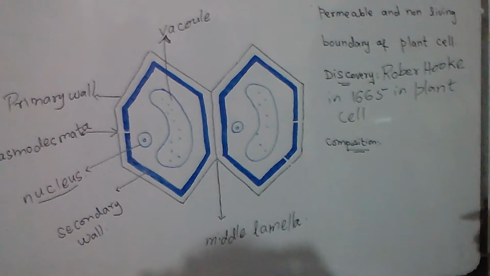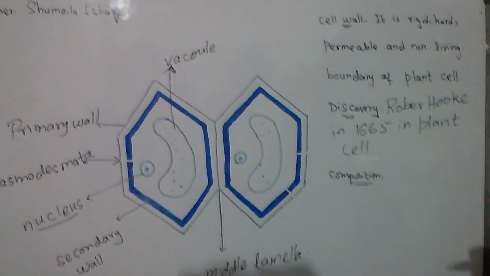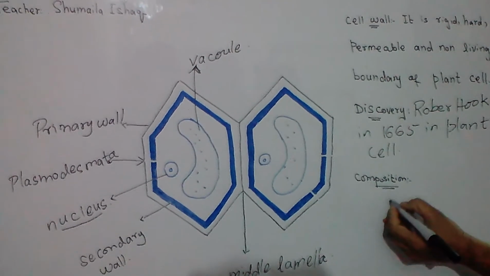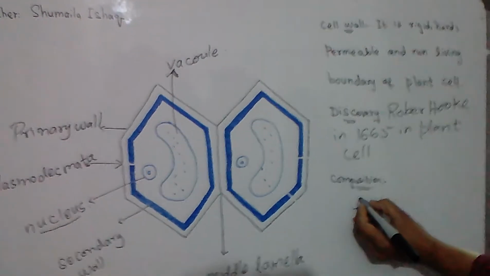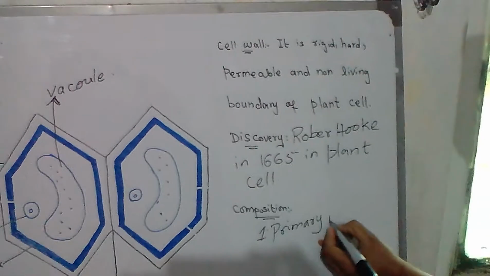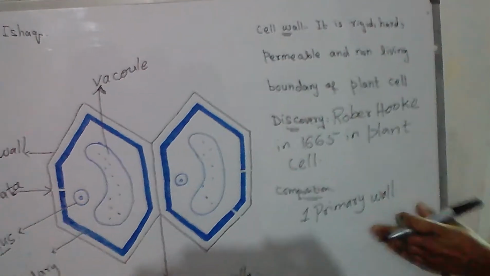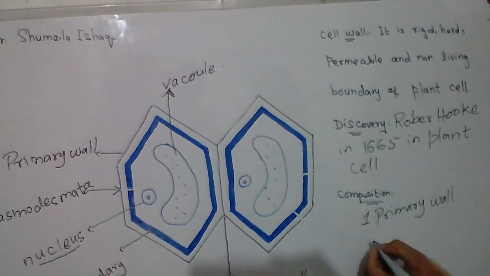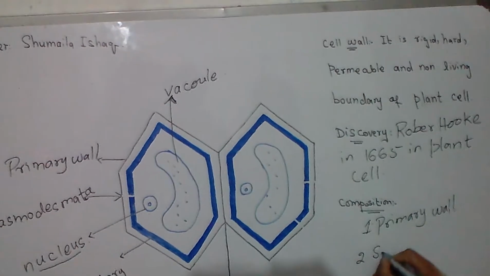So, I have explained the composition of the plant cell wall, that is, it is composed of three layers. First is the primary wall. We have seen the primary wall, which is the outermost covering here. Then we have studied the secondary wall.